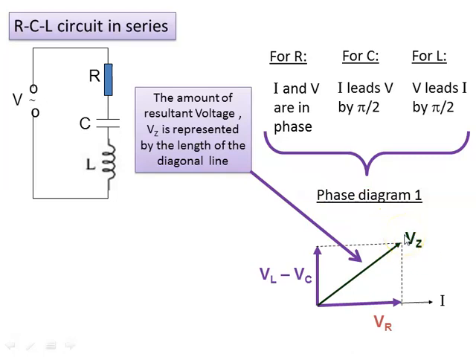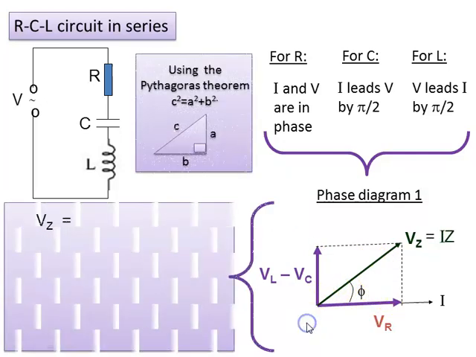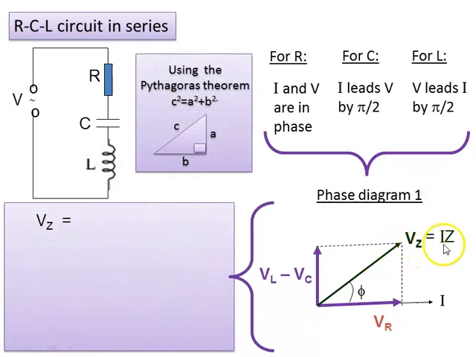The Vz, the resultant voltage, is represented by the length of this diagonal line. And the angle between Vz and VR is the phase angle. So from Vz equals Iz, we can use Pythagoras theorem. So Vz equals square root of VR squared plus bracket VL minus VC squared.